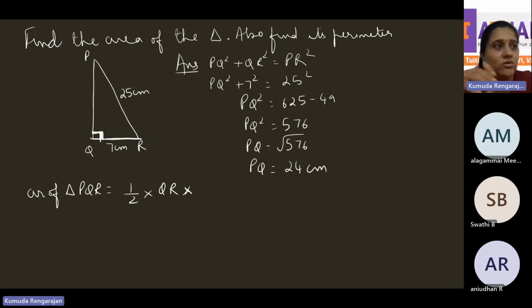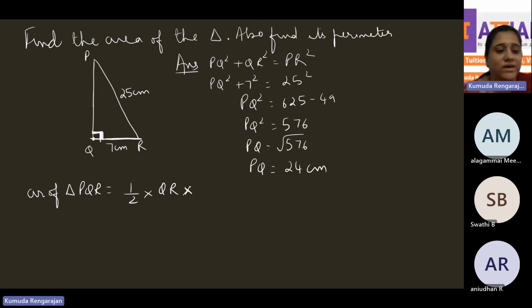Since they are perpendicular to each other, if you take one as the base, the other acts as the altitude. You will have a new altitude only for the hypotenuse, and that will pass through this point Q. Okay, let me tell you that later.